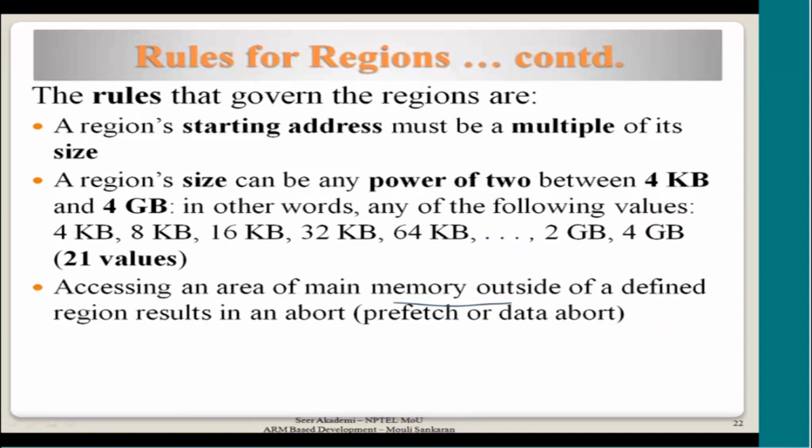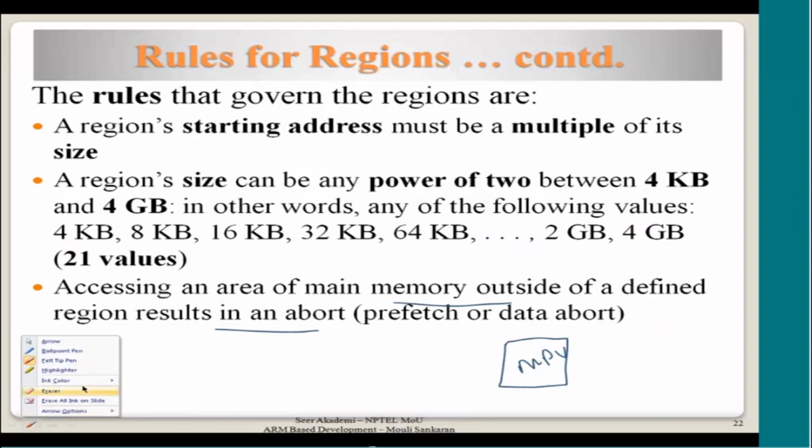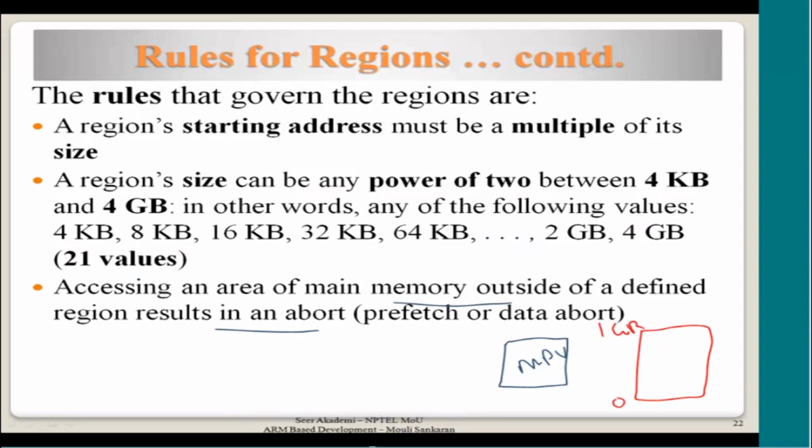Okay, accessing an area of main memory outside of a defined region results in an abort. I have not told you how the MPU operates. What is that MPU doing? Suppose you have configured it and defined the system, saying that 0 to 1 gigabyte only is there in this memory. I said that okay, all these are accessible, but beyond this there is nothing; only one region is defined and it is here. Now suppose the MPU gets an address from the processor which is beyond this 1 GB.